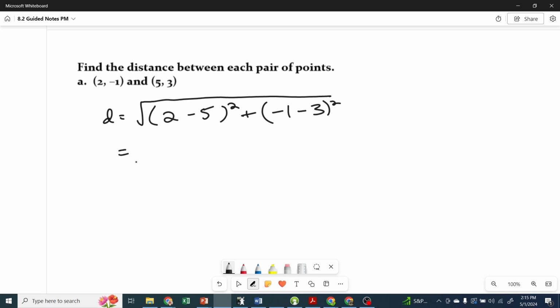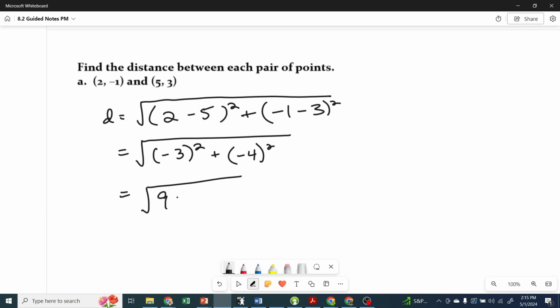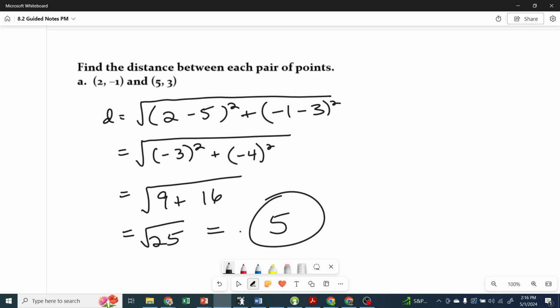So this is equal to the square root. 2 minus 5 is negative 3 squared plus negative 4 squared, right? Negative 1 minus 3, okay? Negative 3 squared, positive 9. Negative 4 squared, 16. I get the square root of 25, which is 5. Nice.